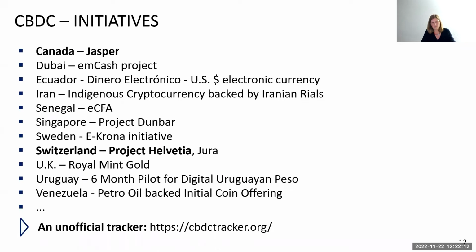They had the project Jasper, and the bank is also working with the Bank of International Settlements to launch a BIS Innovation Hub center in Toronto, which I think is interesting as well. And you can also see here on this list, Switzerland with project Helvetia and other projects in connection with CBDC.